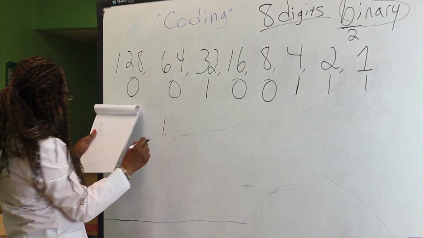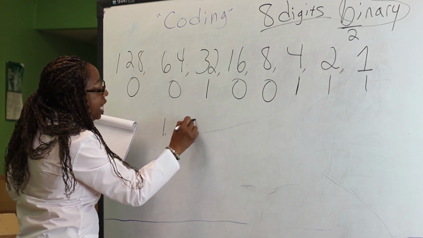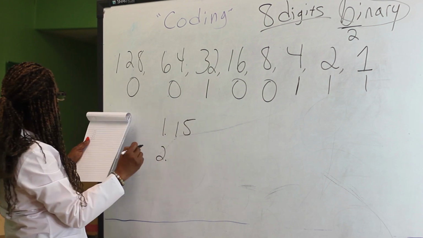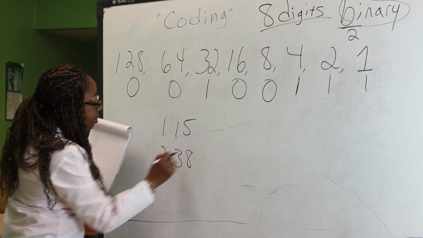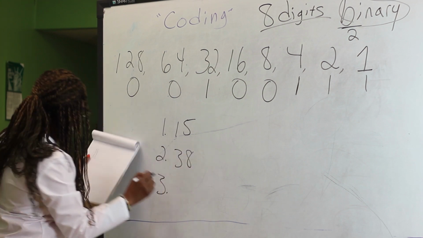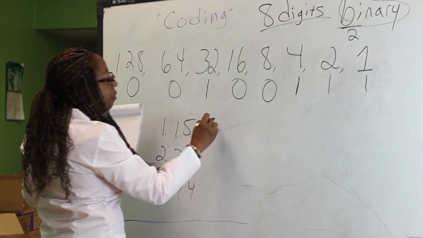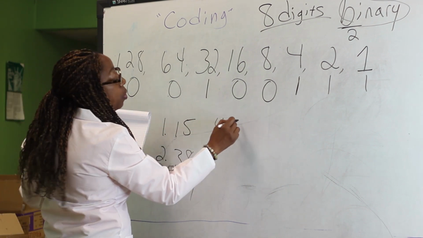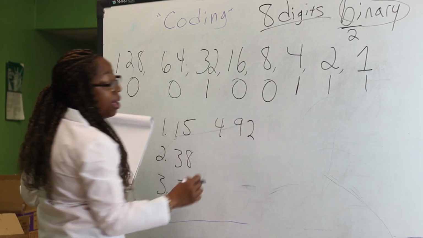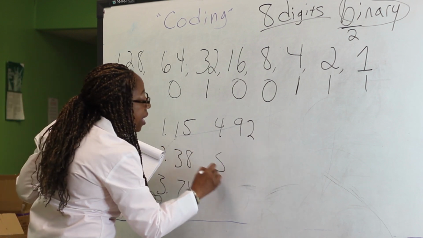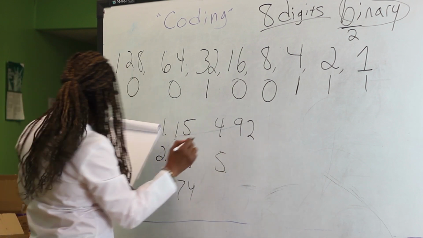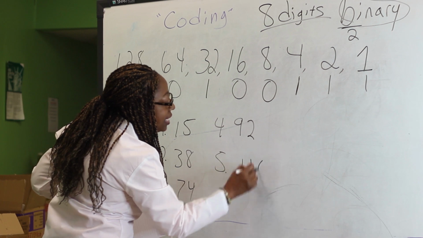All right, so get your paper and pen out. The first number you're going to code is 15. The second number you're going to code, 38. The third number you will code would be 74. The fourth number you will code would be 92. And this is a big one. And the fifth number you will code would be 110.